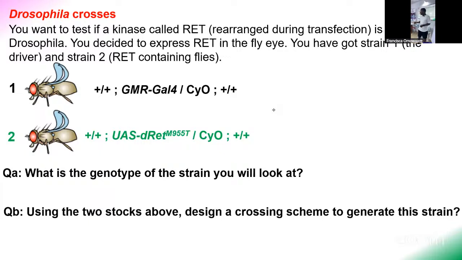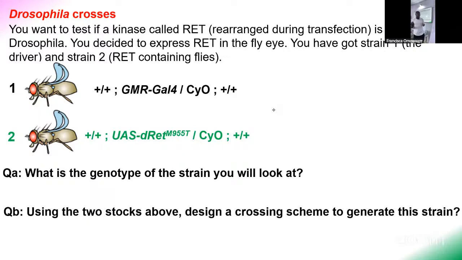Why do you think that is? Correct, because you only need one GAL4 and one UAS, and they're both on the second chromosome. If one of them were on the first, then the story changes. But because they're both on the second, you can use either male or female.